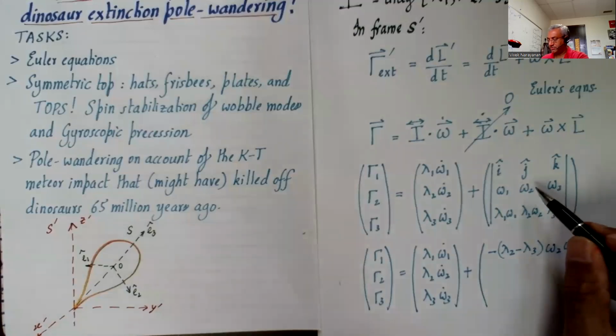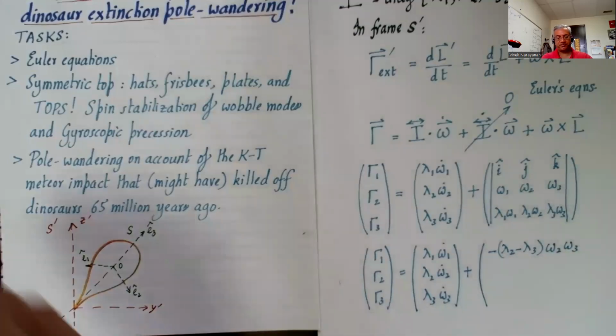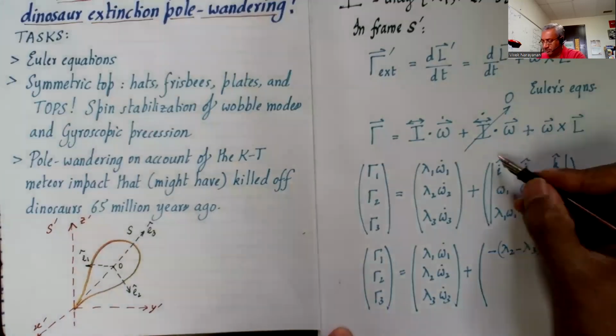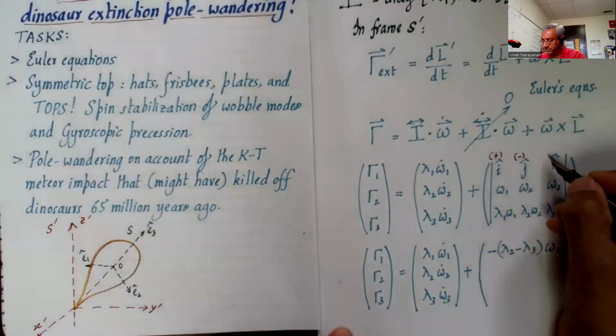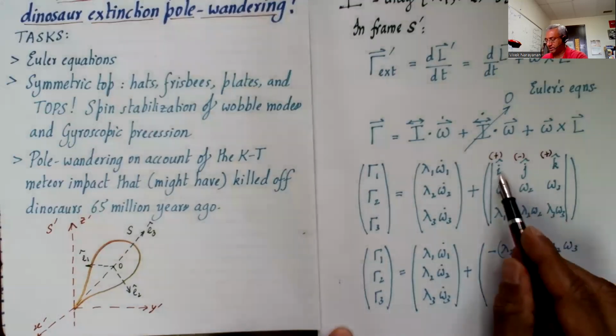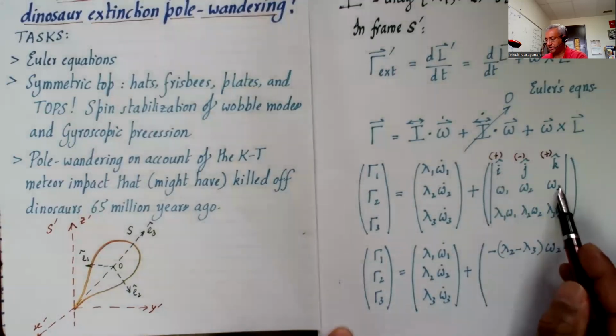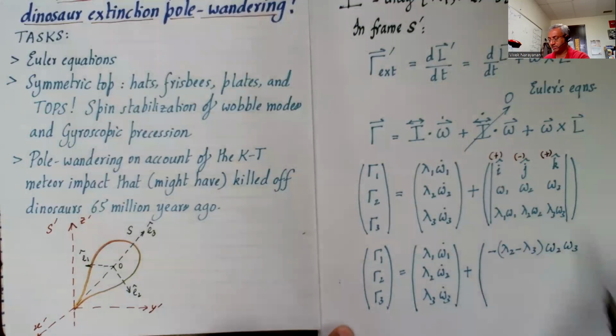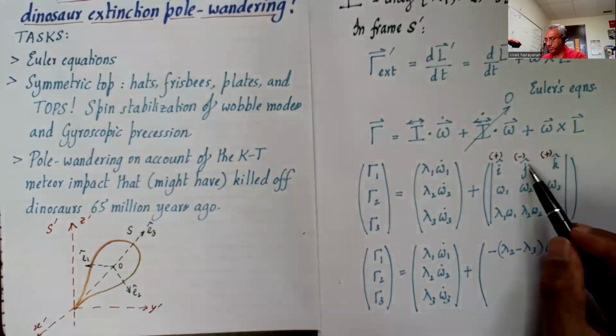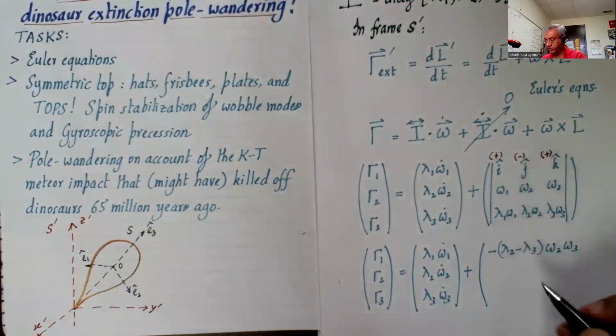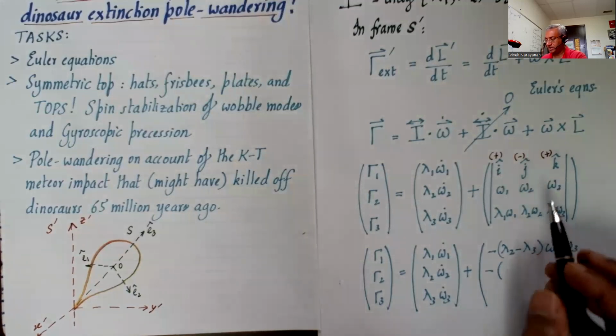The j hat component already comes with a negative sign. So I'm just putting this to guide me: that's a plus, that's a minus, that's a plus. So this i hat component was lambda 3 minus lambda 2, but I'm writing it as negative (lambda 2 minus lambda 3). And the second component is going to be with a negative sign already, so I won't try to mess with that.